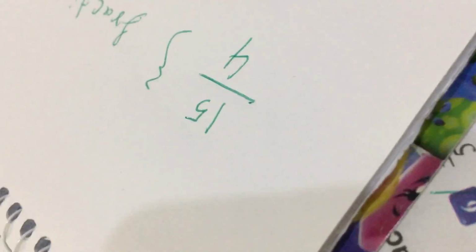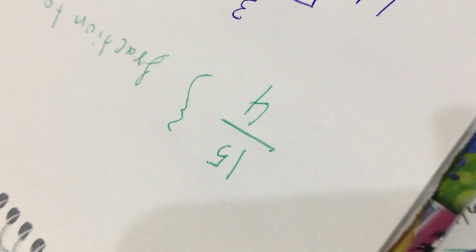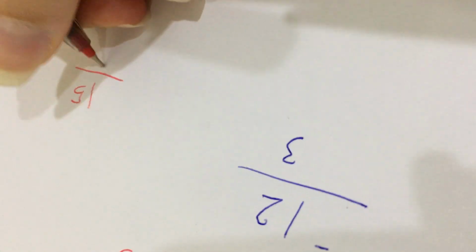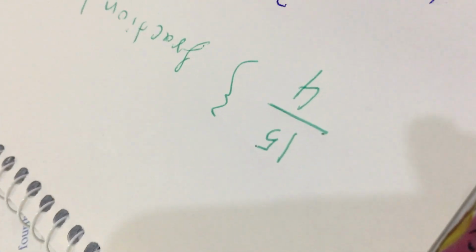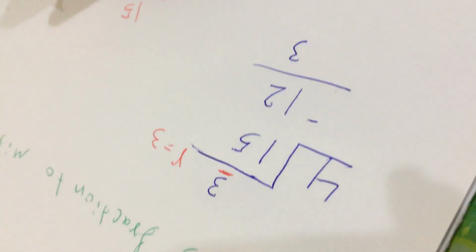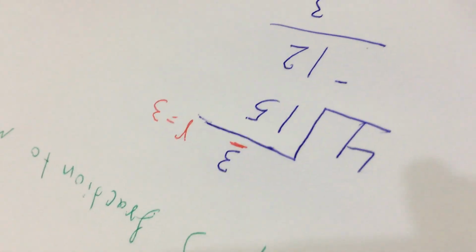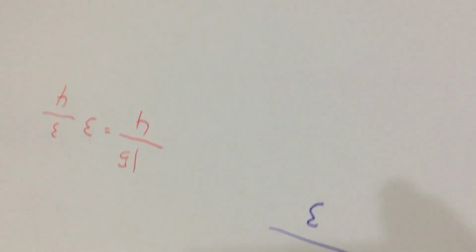Now the answer is 3, and the remainder is equal to 3. Now how am I going to change 15 divided by 4 to a mixed number? I write the quotient 3 as the whole number, and I write the remainder for the numerator, and the denominator is 4. I write 4 as it is.